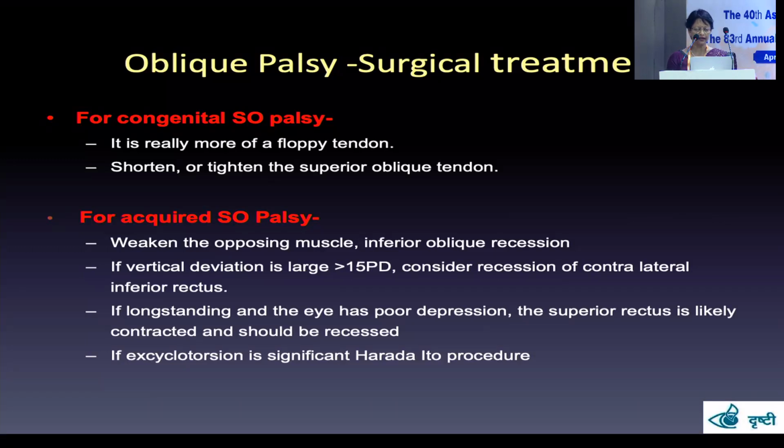If the vertical deviation is more than 15 prism diopters, we consider recession of the contralateral inferior rectus. If long-standing and the eye has poor depression, the superior rectus is likely to be contracted and might require a recession. If excyclotorsion is significant, then Harada-Ito's procedure.